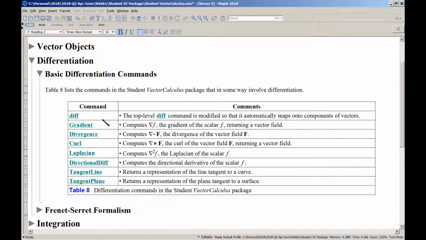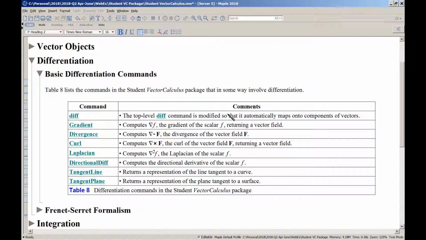Diff, that's a top level command, but in the package this command is modified so it maps onto the components of vectors automatically. At top level that won't happen, but it happens here in the package. Also, limit and int, which are also top level commands, map automatically onto the components of vectors.